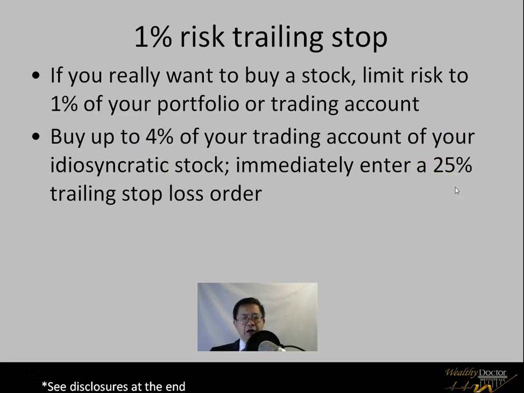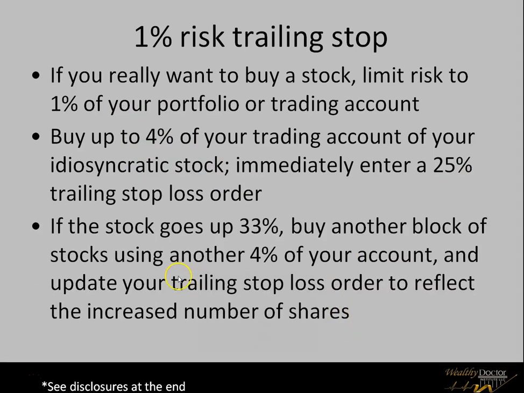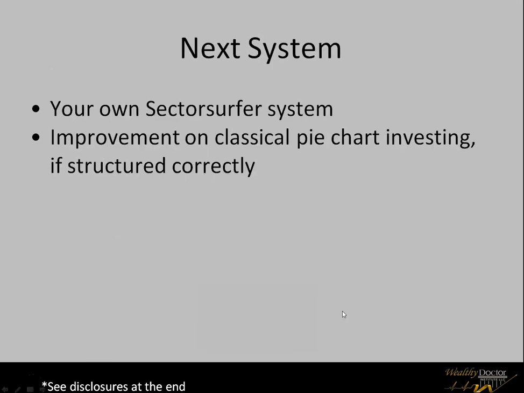This way, if it drops 25%, you're out, and you've only lost 1% of your total portfolio. On the other hand, if the stock goes up 33%, you can go ahead and buy another block of stocks using another 4% of your account. And remember, now that you have more shares in your account, update the trailing stop loss order to reflect the increased number of shares, and rinse and repeat until you're finally stopped out.